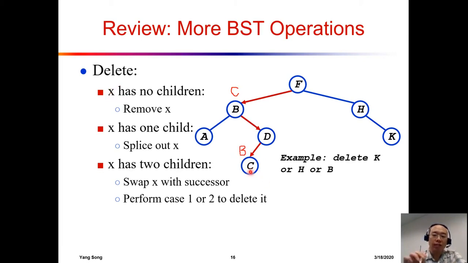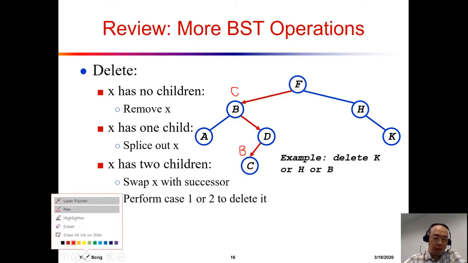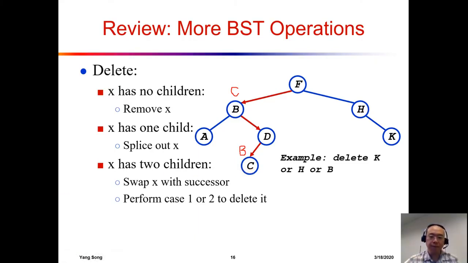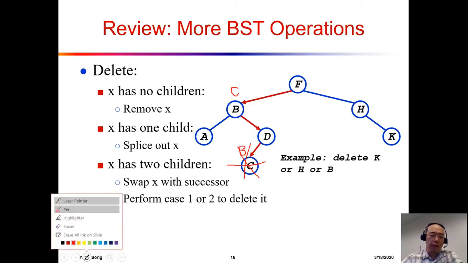So we just throw that away. Eventually, the next step is we throw B away from the new location, and then B is deleted. After we delete B, the successor C takes the previous location of B.